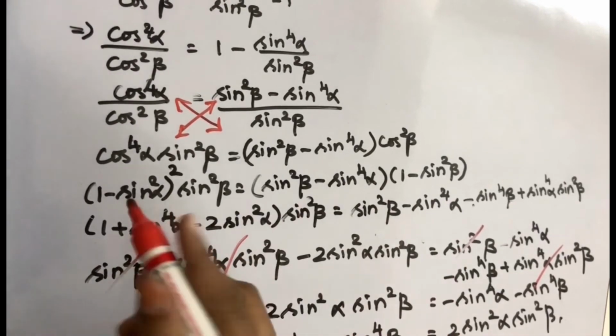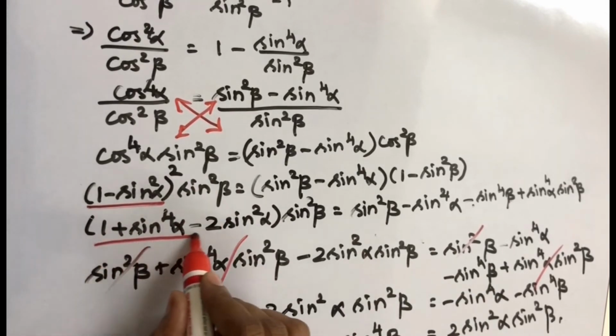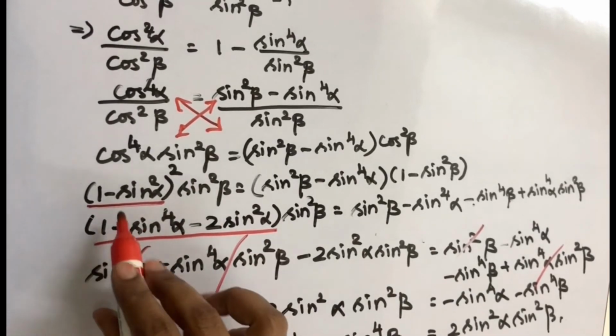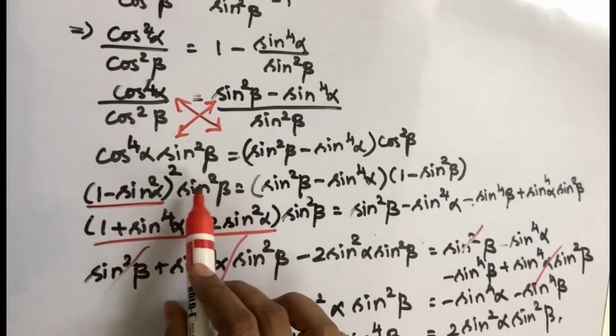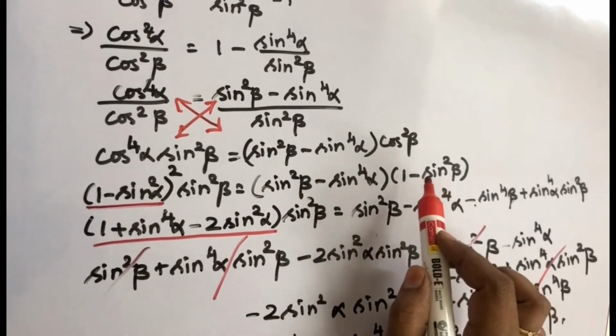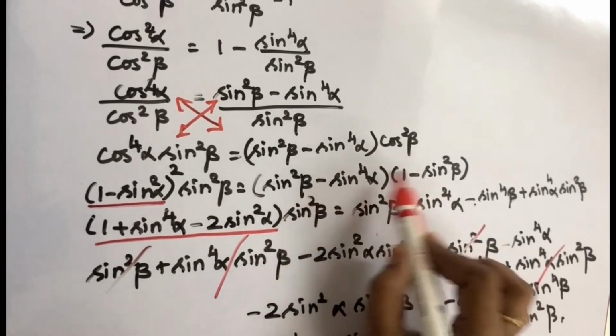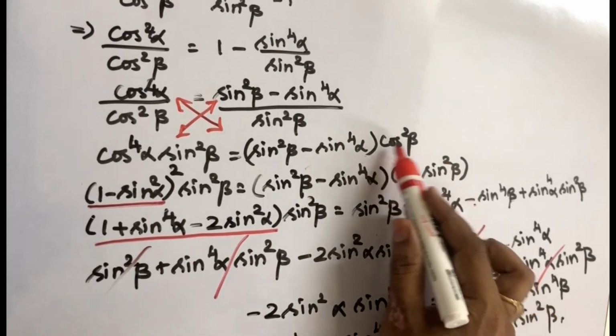Now the expansion of 1 minus sin square alpha the whole square. It can be written in the form a minus b the whole square, so we can expand that, and sin square beta is equal to sin square beta. Now we multiply this 2. First multiply with 1 and then with sin square beta.